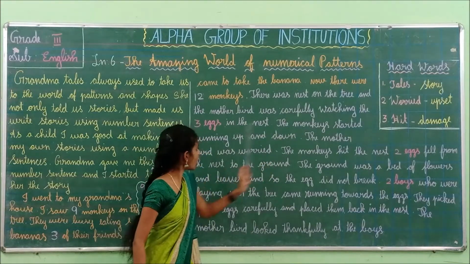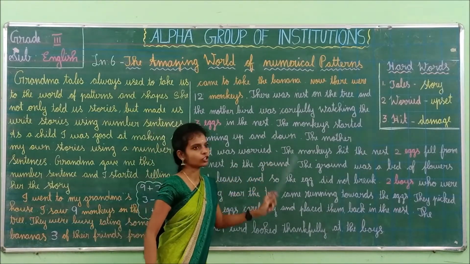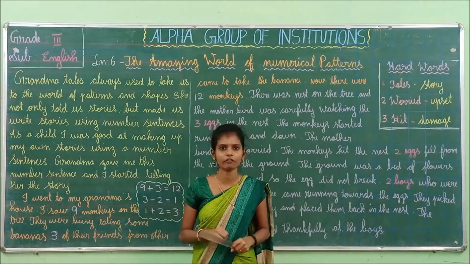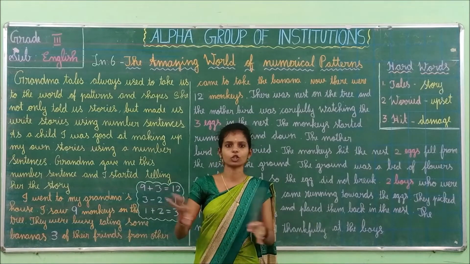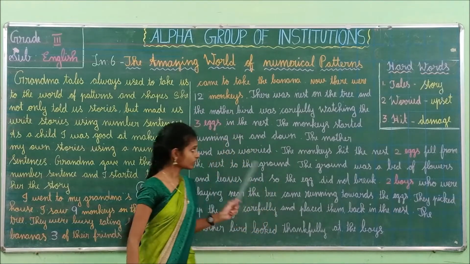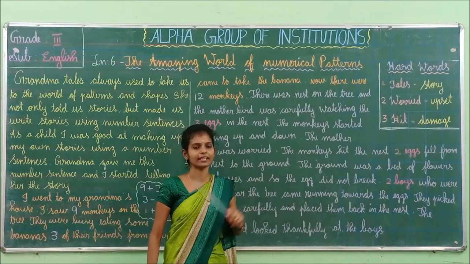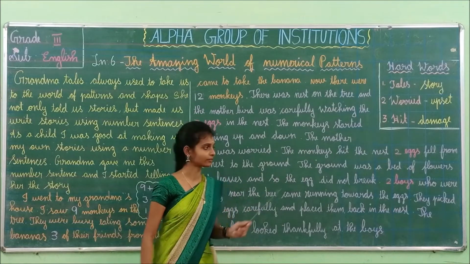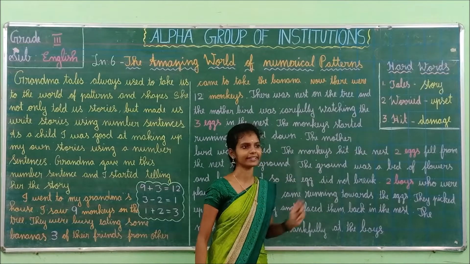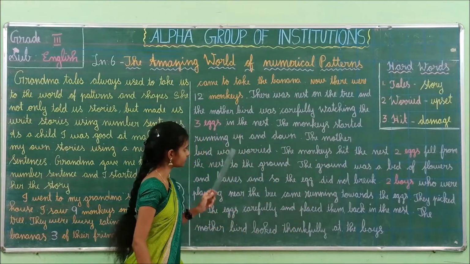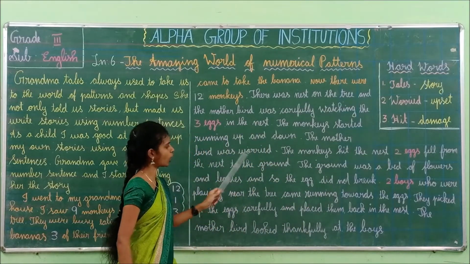The monkeys started running up and down. All the monkeys were fighting for the banana and running here and there, up and down all the branches. Because of that, this mother bird is worried. You know the meaning of worry. What does worry mean? Yes, upset. The mother bird was worried.